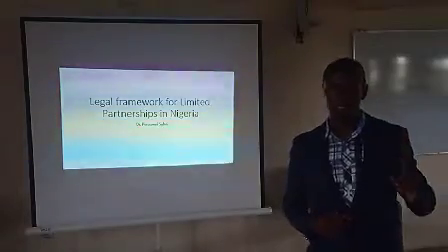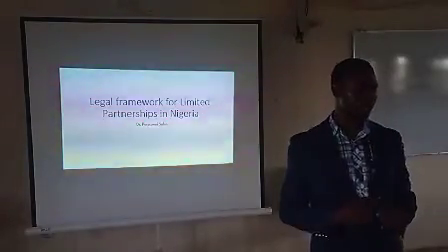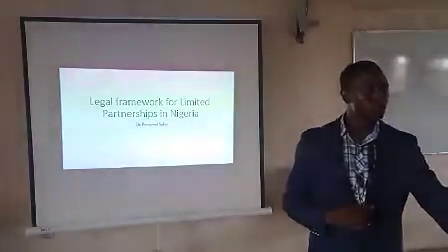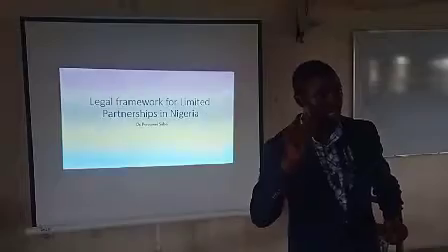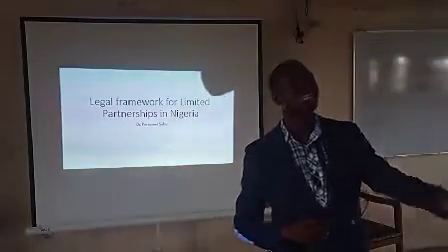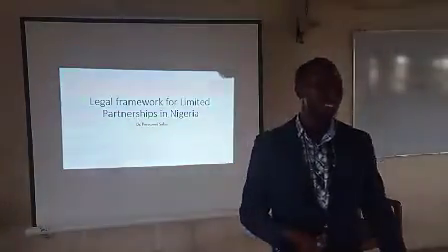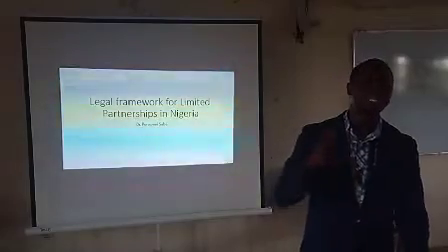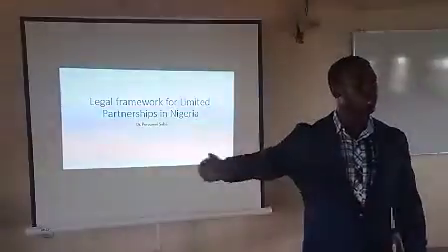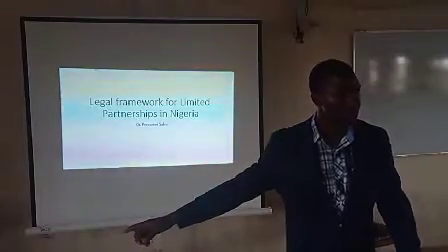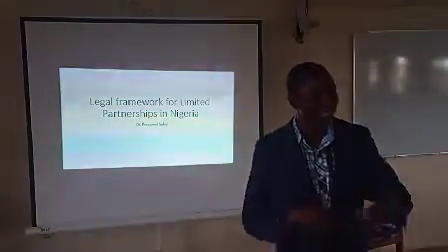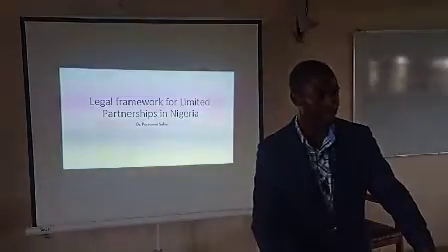But there must be a condition. They mustn't be involved in management. If you are going to be involved in the management of an entity and you want to have limited liability, then come and trade through the company. Why? Because the company is better regulated.